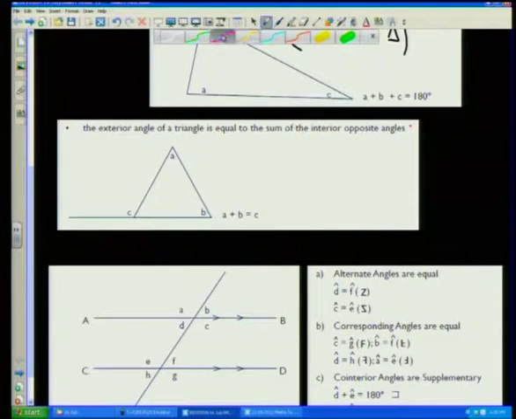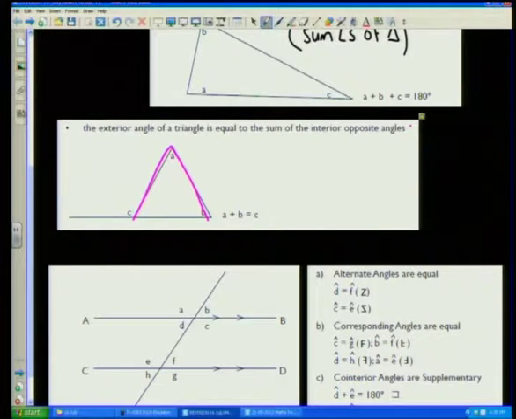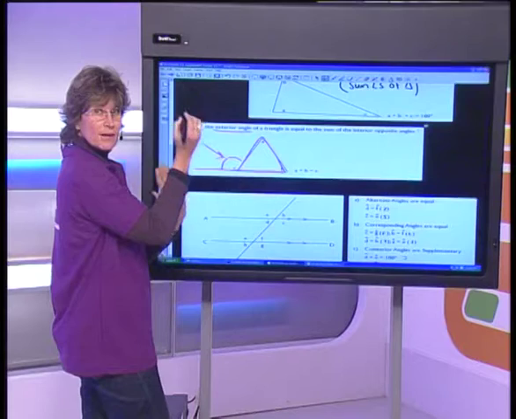What we really want to be able to say is, can we recognize that when we have a triangle, notice that if I draw my triangle, but I take one of the sides and keep on going using a straight edge, then this angle outside here is what we call the exterior angle of the triangle. Very useful in trigonometry, especially in those situations where we're trying to work out the size of an angle of inclination.